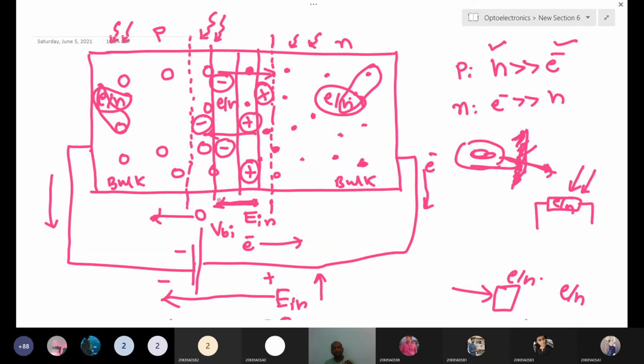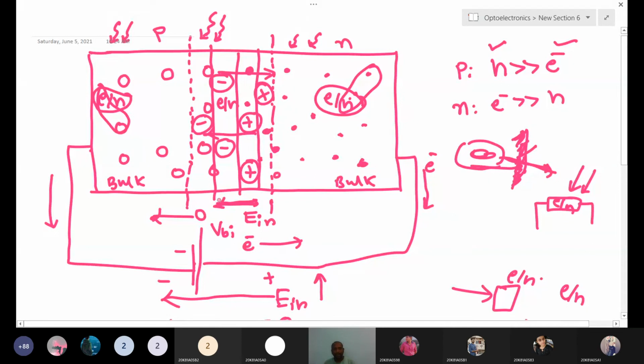So now our job is to shine the light, or make the light incident. Once you incident the light, electron holes will be created throughout the semiconductor: P region, N region, and depletion region. But in the P region, the generated electron holes will recombine with holes in the bulk region.